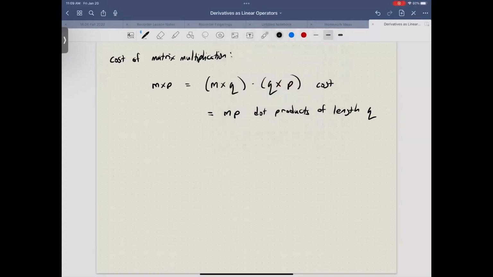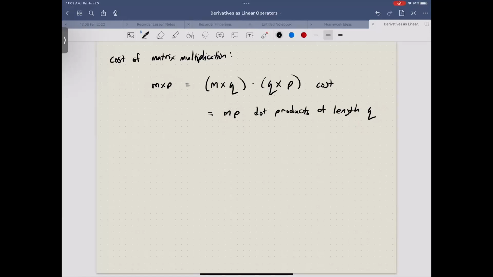For each entry here, I do a row times a column. The rows have Q entries, and the columns here have Q entries. So it's a dot product of length Q, and there are M times P outputs, right?